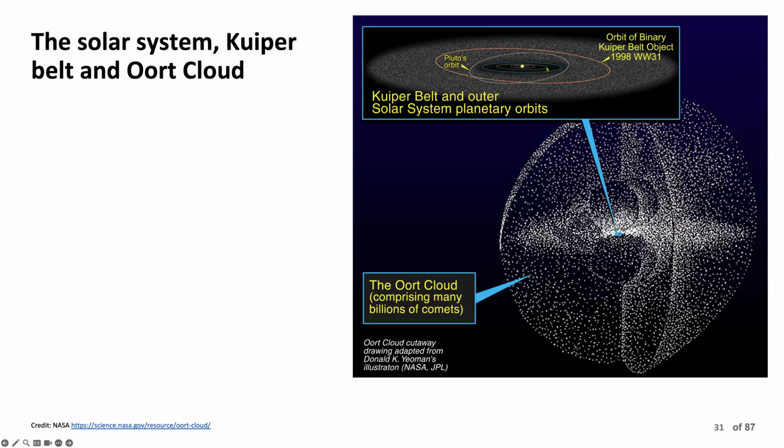Here's our solar system, where these rings represent the orbits of the planets. There's Pluto, no longer considered a planet. Outside of Pluto is a cloud of ice and comets and dust called the Kuiper Belt.